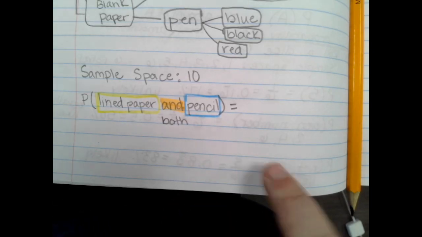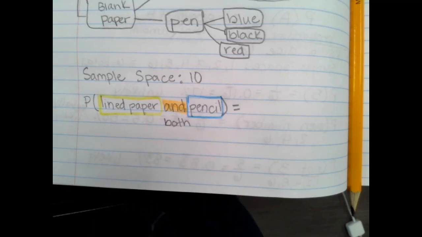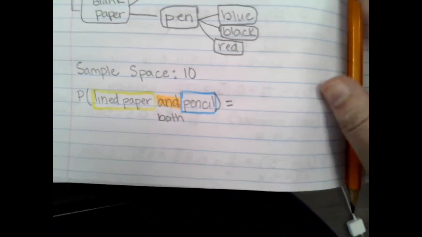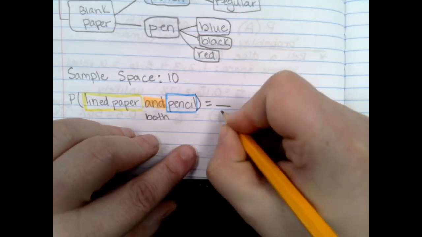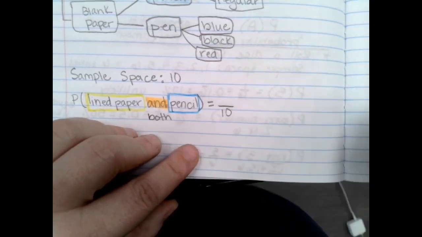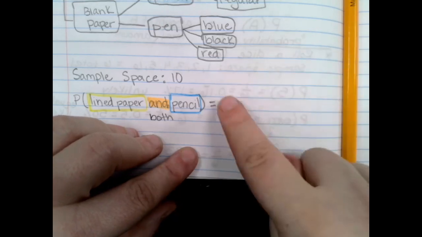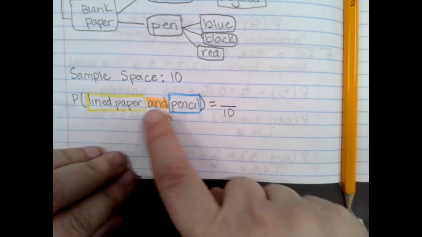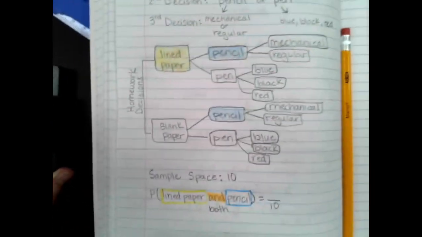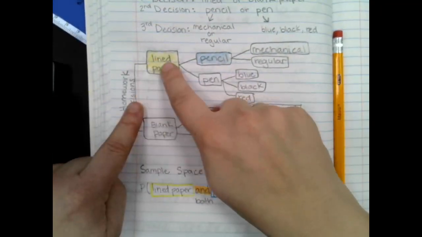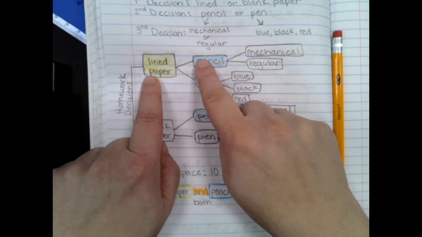No. We're almost done. All right, so lined paper and pencil. So I'm going to go back to my tree diagram, and it's going to be out of 10. We have 10 options. I need to figure out how many options have both a lined paper and a pencil. So it's kind of like that choose your own adventure. I'm going to start with lined paper, and then I have to go to pencil, and then it doesn't matter.